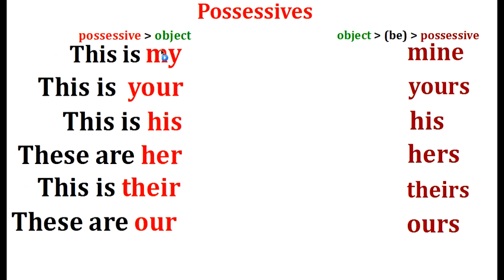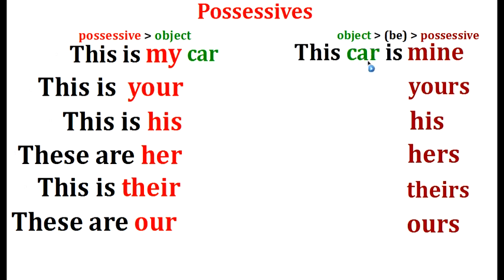Remember, this possessive, my, for example, uses the possessive and then the object. For example, this is my car. But this possessive, we use the object first, then the possessive. For example, this is my car, or this car is mine.